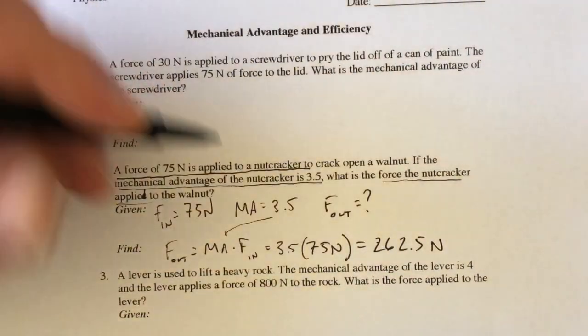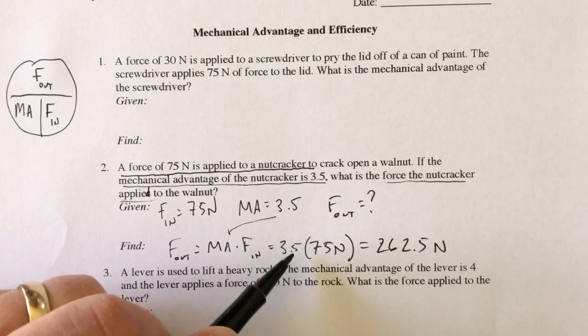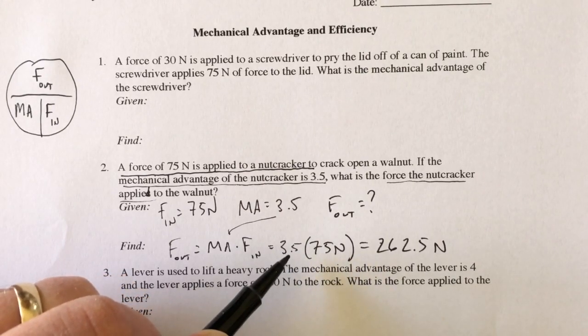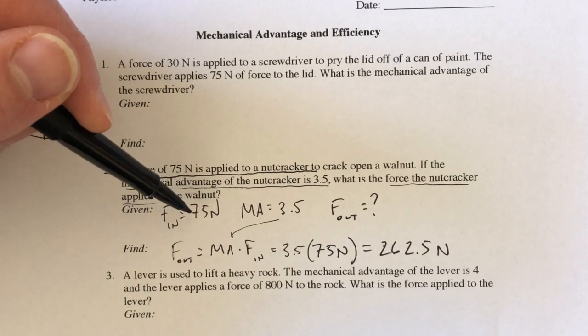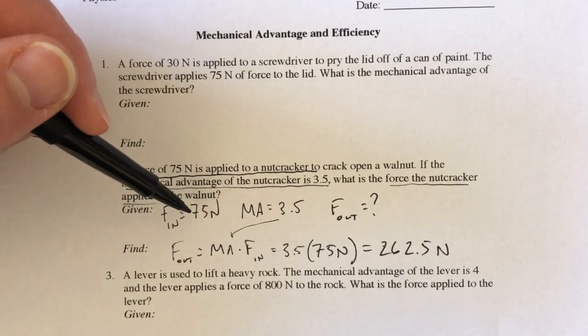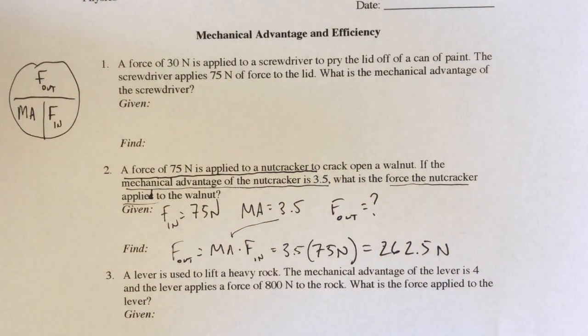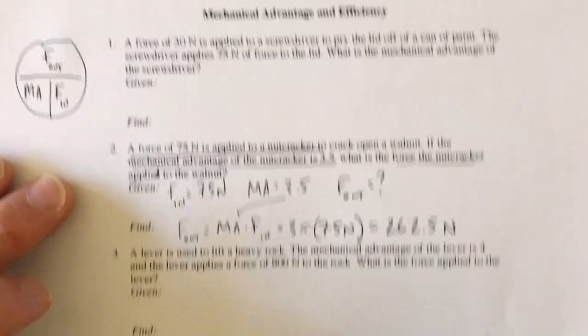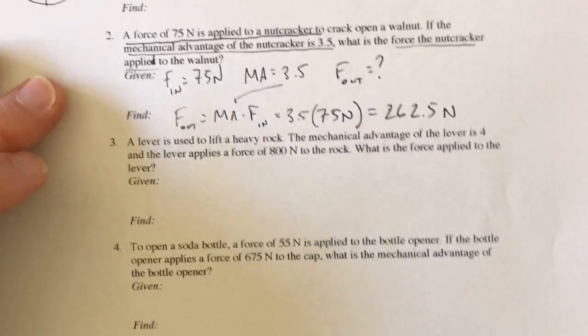And that is in newtons because that's the unit that we had already. Again, mechanical advantage has no units. So I apply 75 newtons of force squeezing that nutcracker to make the walnut crack. The nutcracker itself applies 262.5 newtons. So it's multiplying my force, and that's one of the reasons why we use machines. Okay, number 4.